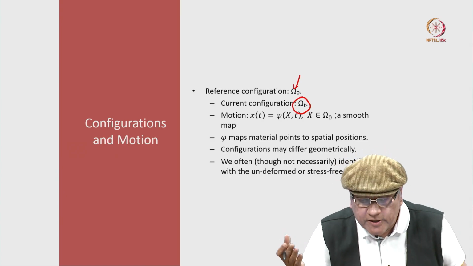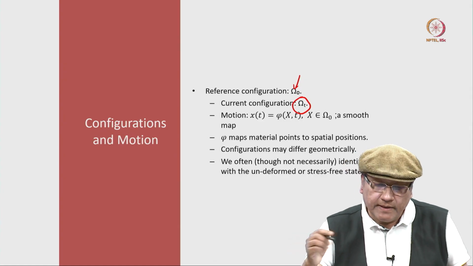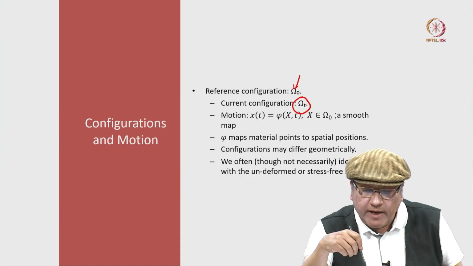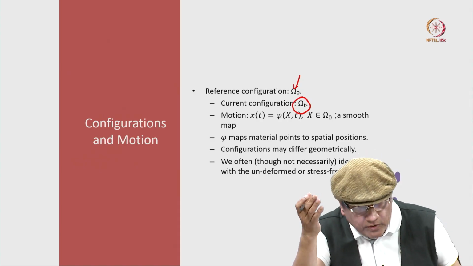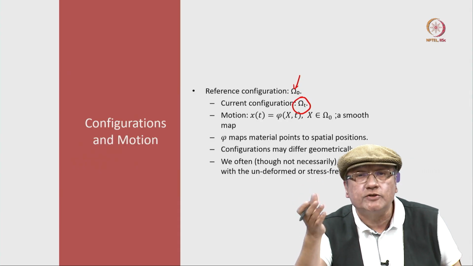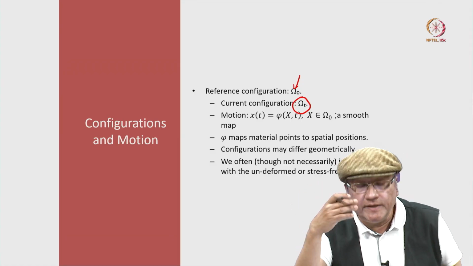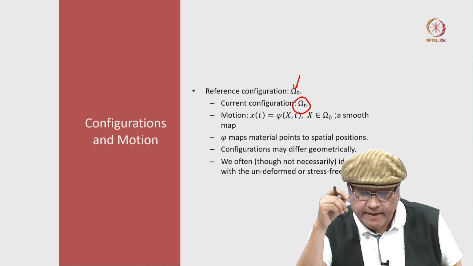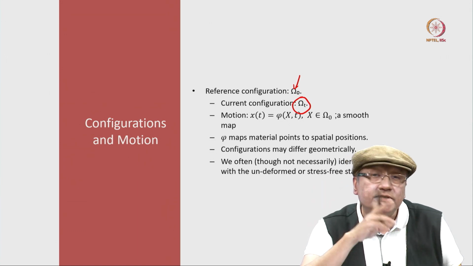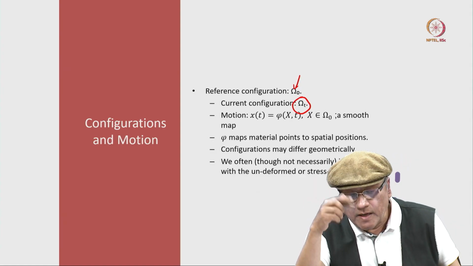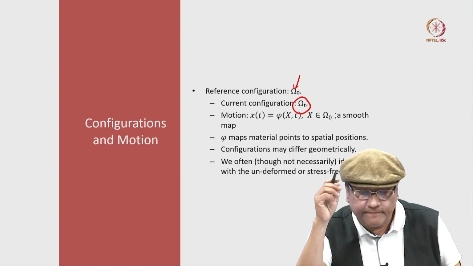It is also called the spatial configuration. So, let me tell this again. In brief, we have a reference configuration omega 0, which we fix appropriately based on my material body with coordinates describing each point, and a current configuration which is not just one, but an infinite collection parameterized by time, right.